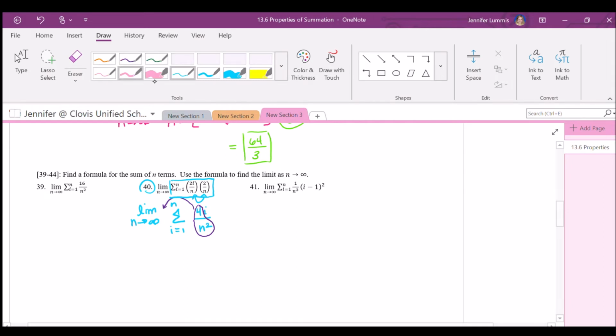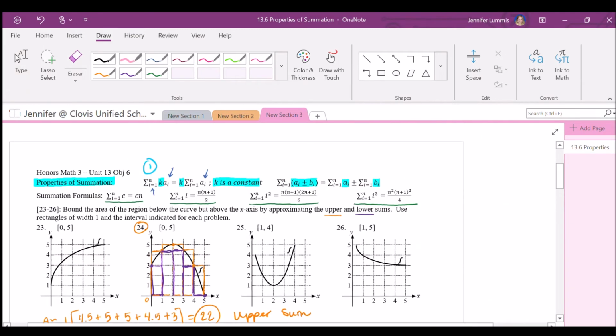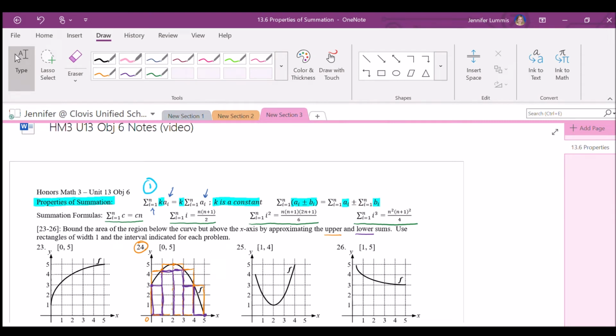So let's go on to step 2. This is now the limit as n approaches infinity, and we take out 4 over n squared times, and now we go back to our sum. We have the sum from 1 to n of i. All right, so it's at this point we now use our summation formulas. We had a sum formula for i, and it was this one here.